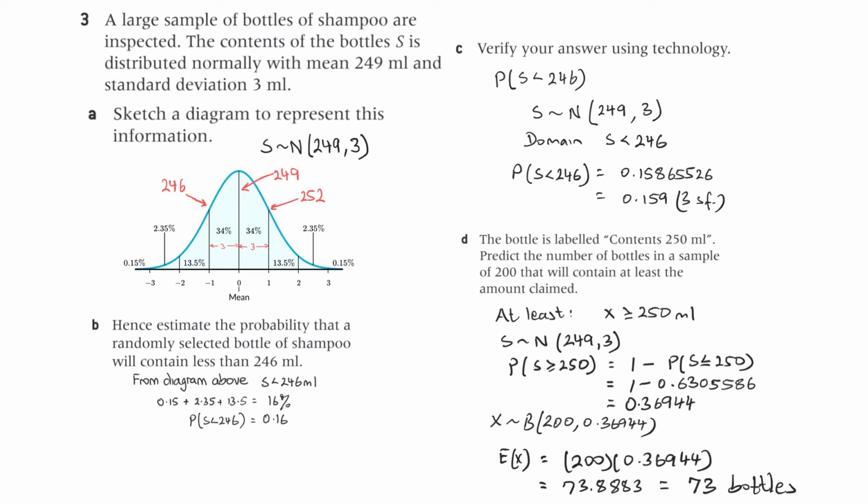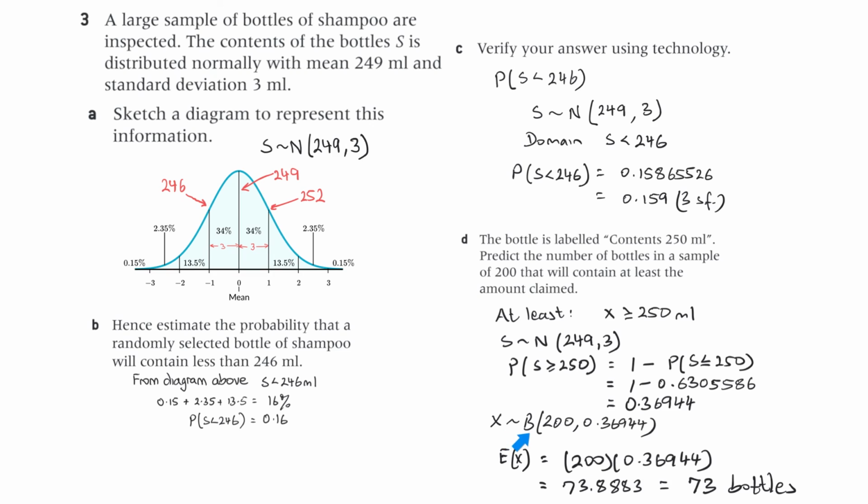Then the part here said, predict the number of bottles in a sample of 200 that will contain at least the amount claimed. So this will be binomial. In 200 trials, it's either above 250 or below 250. We know that the probability of above 250 we calculated as 0.36944, so that goes in here.